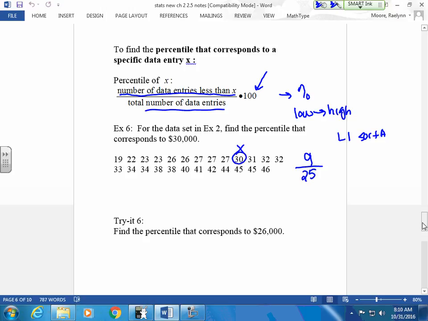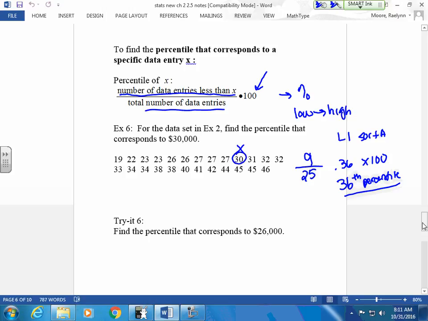This gives me a decimal, and I get 0.36, because 25 goes into 100 four times 9. When I multiply this by 100, this gives me the 36th percentile. There's my percentile. That means this is greater than 36% of the ones before it. Okay?